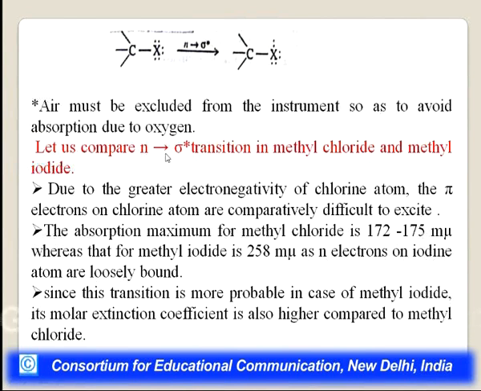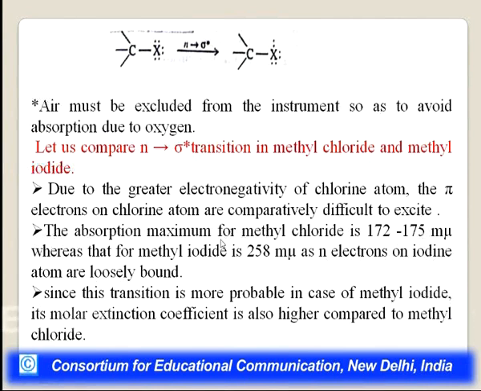Let us compare the non-bonding to sigma star transition in methyl chloride and methyl iodide. Due to the greater electronegativity of the chlorine atom, the non-bonding electrons on the chlorine atom are comparatively difficult to excite. Here you can correct this: these are non-bonding electrons, not pi electrons.